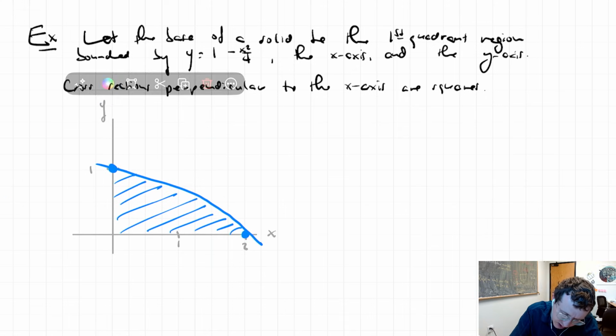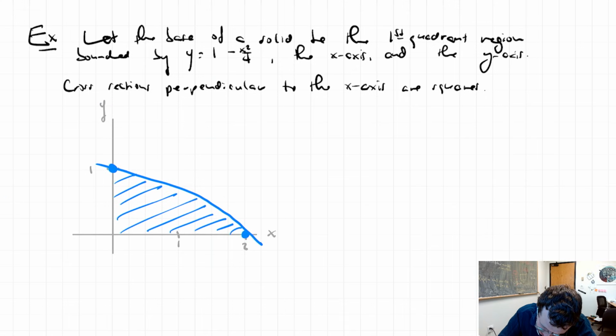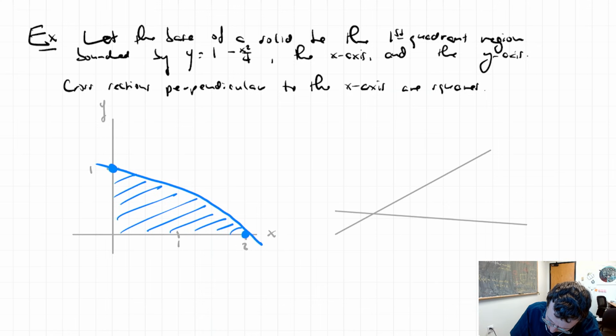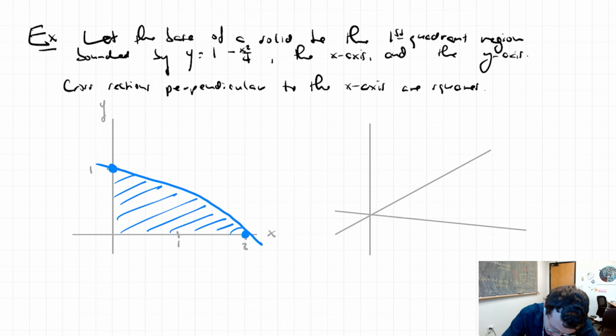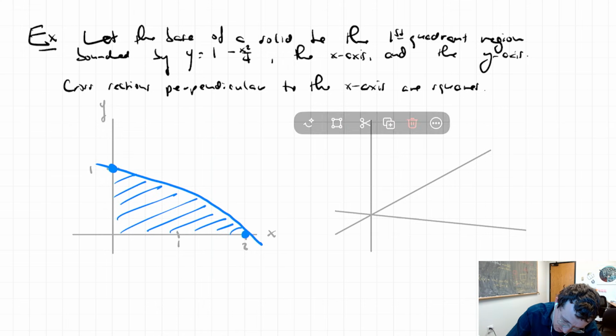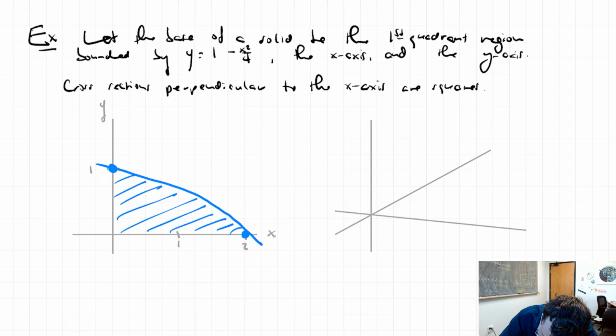And then I'm also going to try to draw a 3D picture, because it's going to help me figure out how to set up the integral. This is not a necessary step, but it helps me at least.